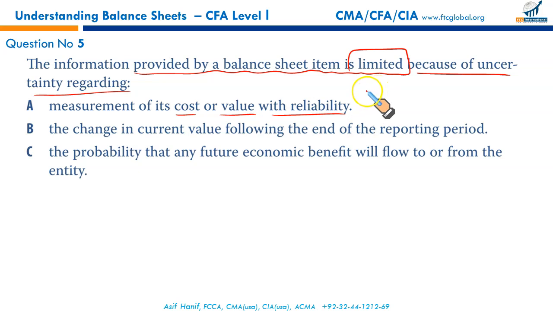We measure some items at historical cost, some at market value, some at NRV, just in order to make our financial information more reliable. So it is wrong to say that because we are reporting at cost, it makes it unreliable. This is incorrect. There are many items that are measured at different bases just for the purpose of reliability. This is a wrong statement.